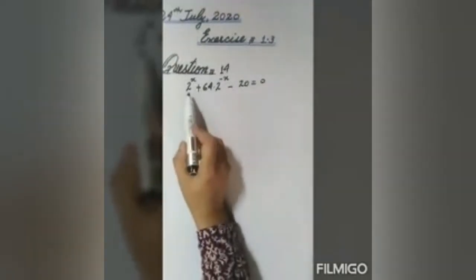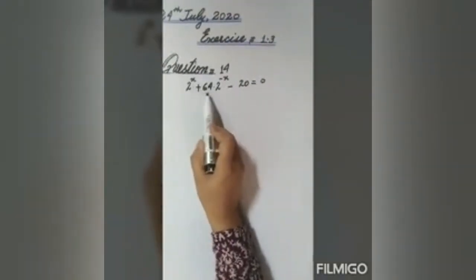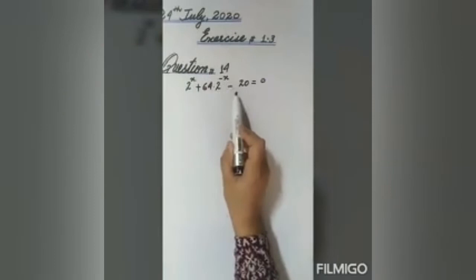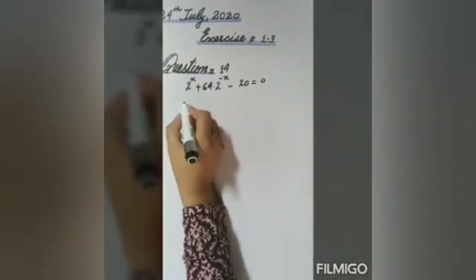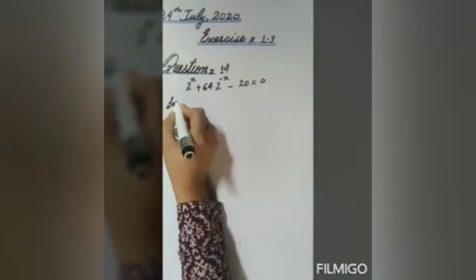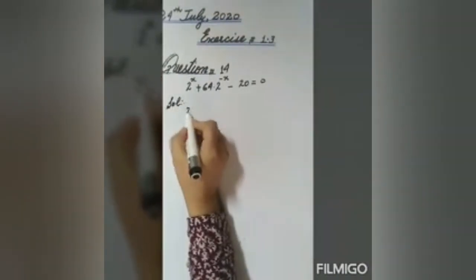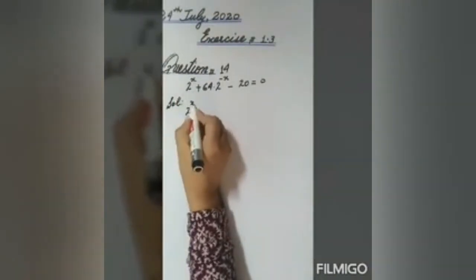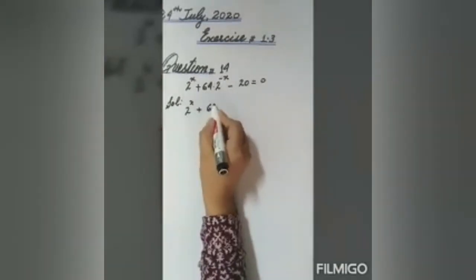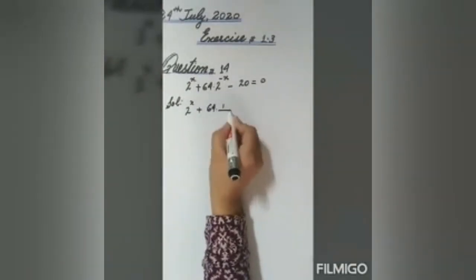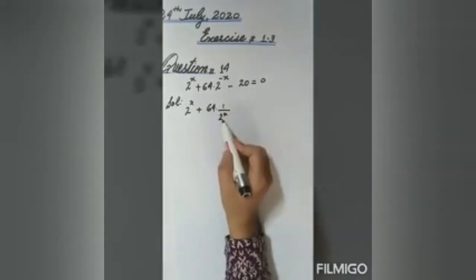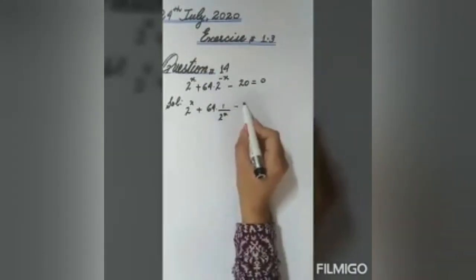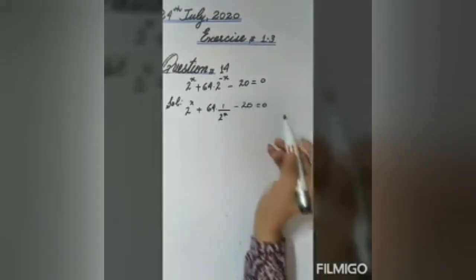In question number 14, we have 2 power x plus 64 into 2 power minus x minus 20 equals 0. Here I can write it as 2 power x plus 64 into 1 over 2 power x minus 20 equals 0, because of the negative sign I have written it in the denominator.